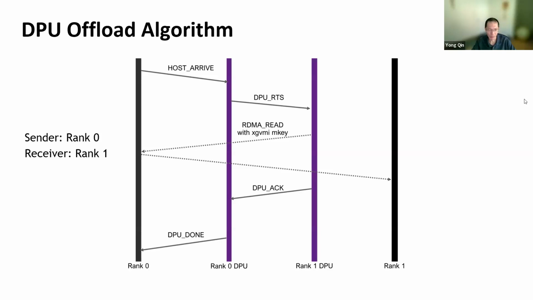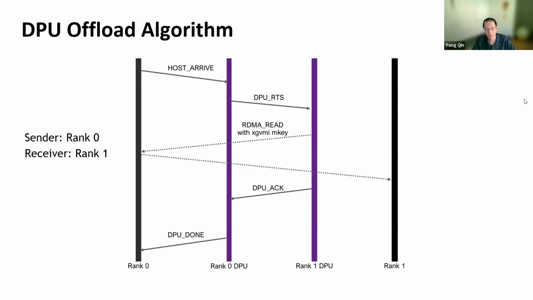The data is read from rank 0 on the host and then written directly into rank 1 on the host. So even though the RDMA read happens between two DPU ranks, the actual memory transfer happens from host rank to host rank. This is the beauty of it, and how we are taking advantage of the DPU with cross-gvmi.